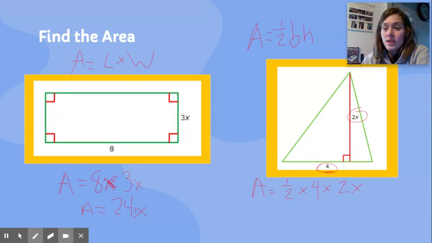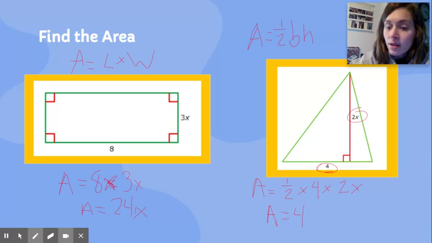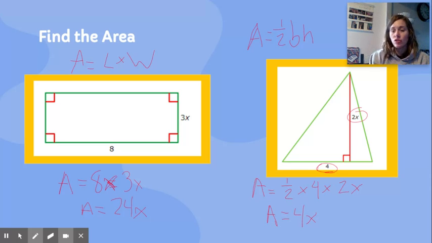And then we simplify the monomial, so we'll multiply all the coefficients. So we'll do 1/2 times 4, which is 2, times 2, which is 4. And then all we have is 1x, nothing else to simplify. So our answer, the area of this triangle, simplified, is just 4x.